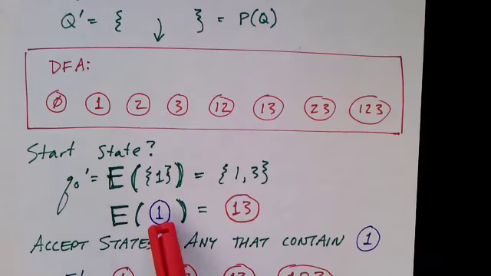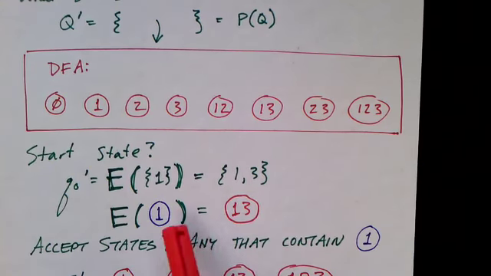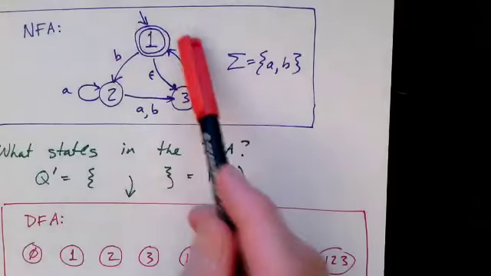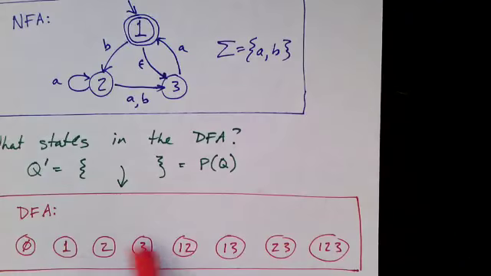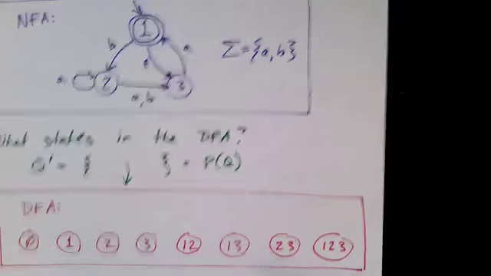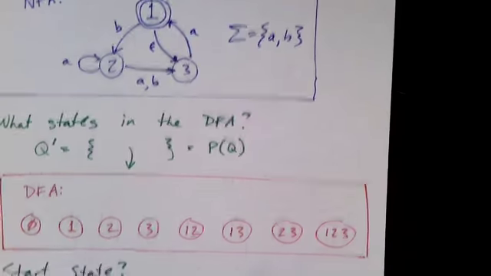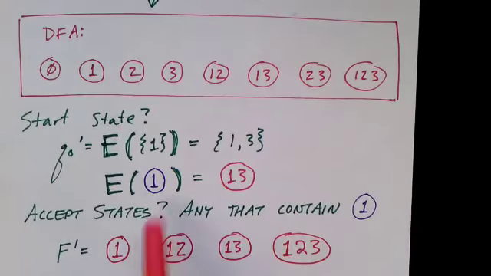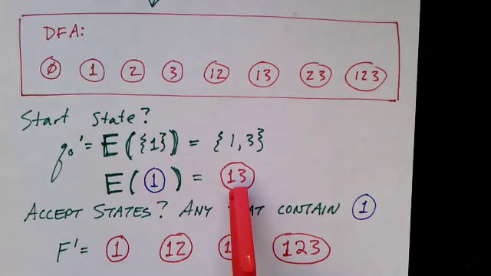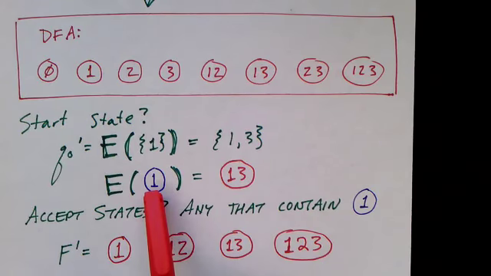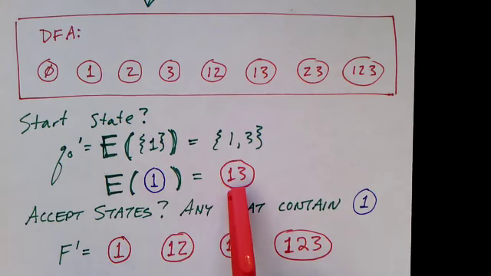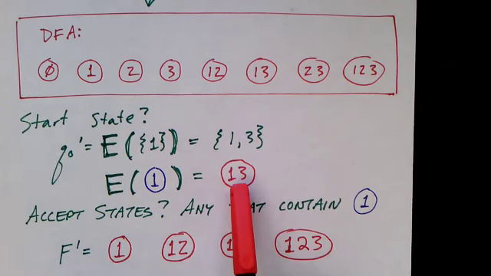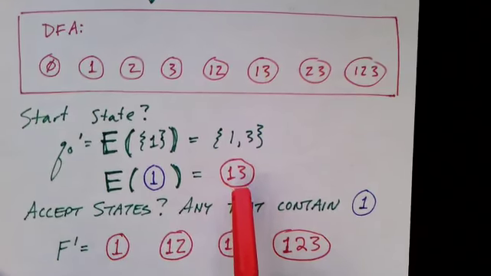I prefer to put circles around these, and I'm going to show in blue the states from the non-deterministic machine that were given, and in red the states from the deterministic machine that we're constructing. So from this state in the non-deterministic machine, we take the epsilon closure of it, and that leads us to states 1 and 3, and so that's going to be our initial starting state in the machine we're building.